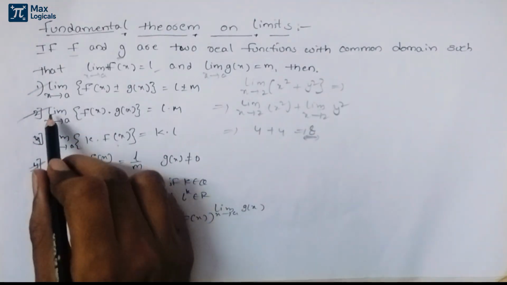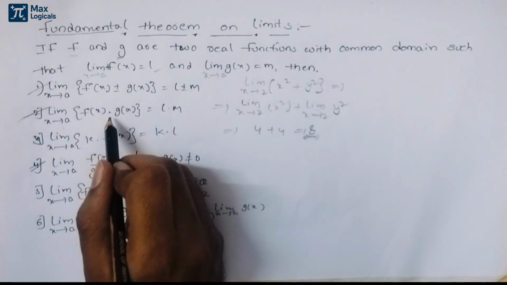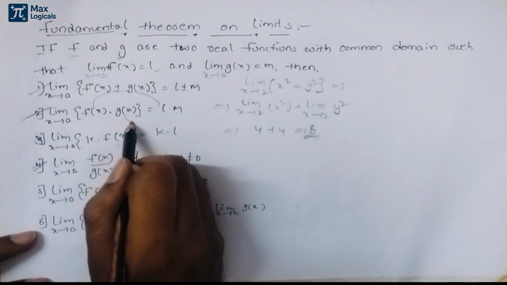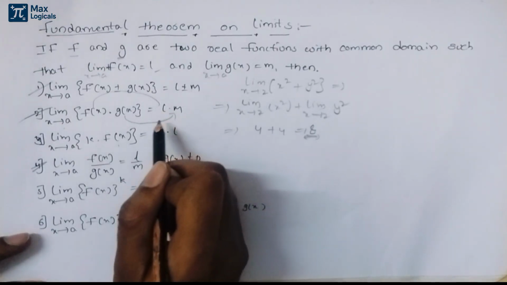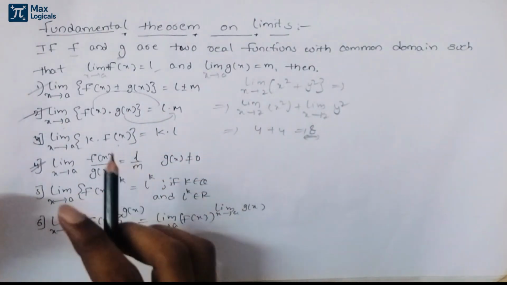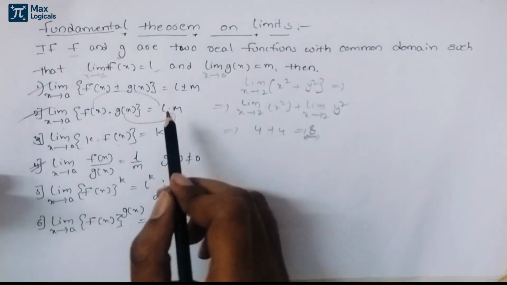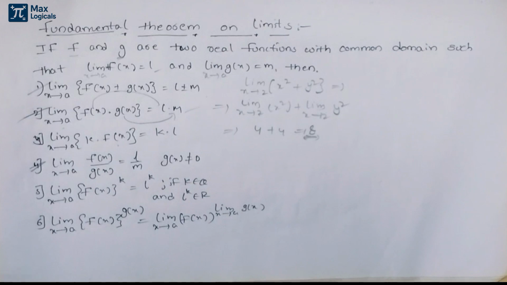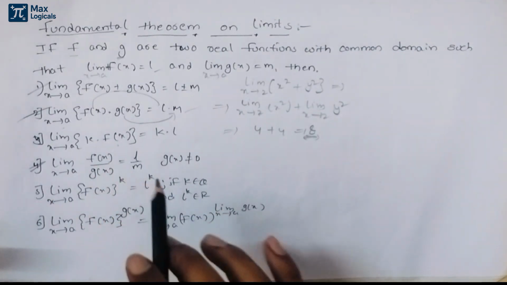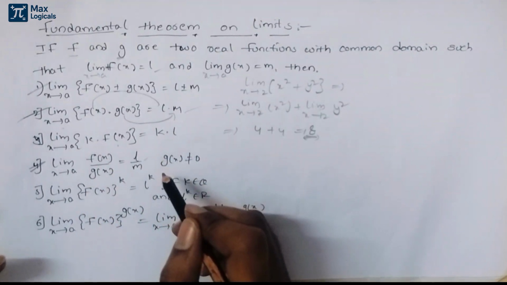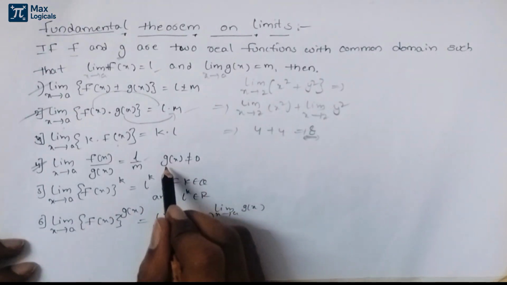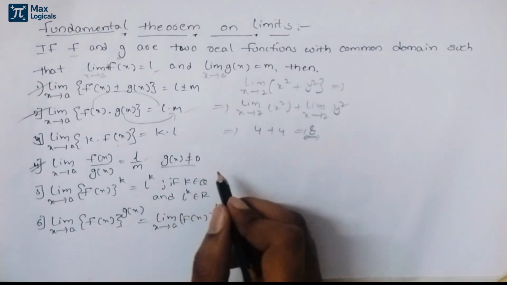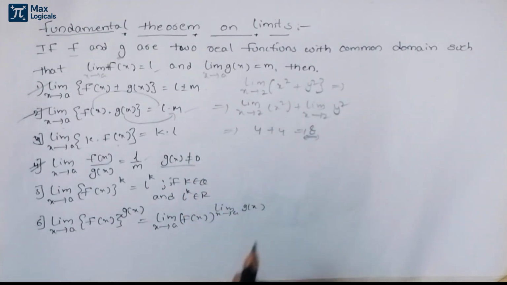The limit as x tends to a of f of x times g of x equals L times m, where the limit of f of x is L and the limit of g of x is m. When the functions are multiplied, the limits are also multiplied. When the functions are divided, the limits are also divided. Here we have one condition, that g of x is not equal to 0.